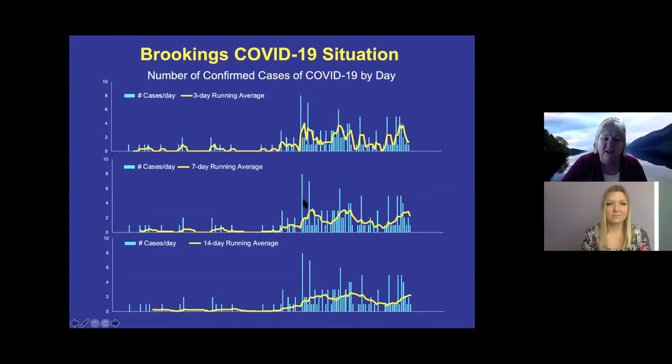And you can see that it's smoothed out a little bit. It's not as variable as this 3-day average. Now, a 14-day running average is even smoother. The problem with that is we might not be able to pick up when an outbreak is starting because it's so far out, but it really does smooth out that variation.